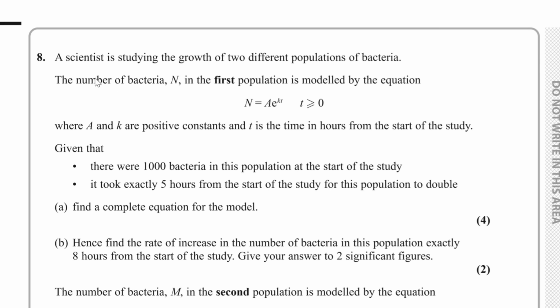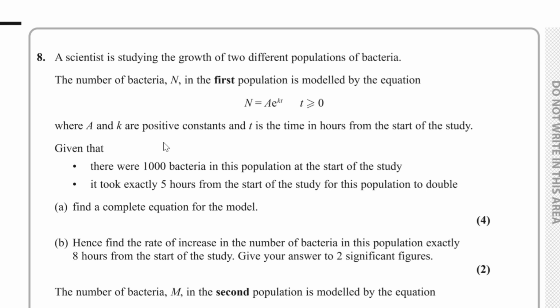Question number 8. A scientist is studying the growth of two different populations of bacteria. The number of bacteria, N, in the first population is modelled by the equation N equals A e to the power of kt, where t is greater than or equal to 0.